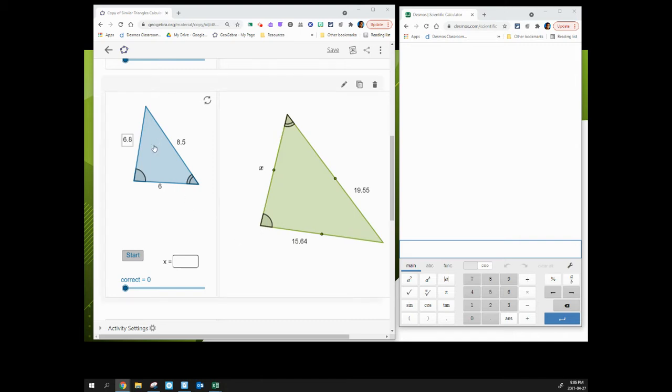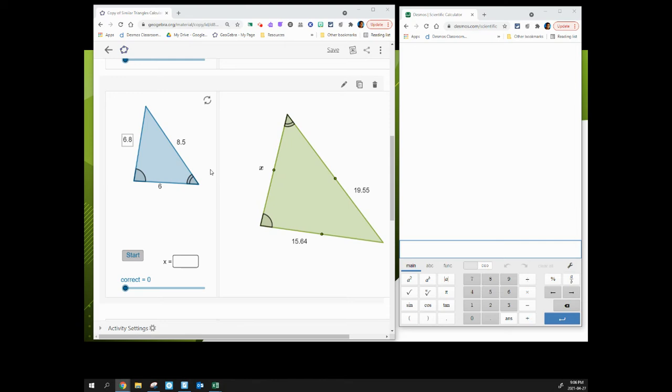Then the angle with the one line is corresponding or equal to this angle. And the angle that has two lines is equal to the angle at the top corner. So they're not in the same orientation.